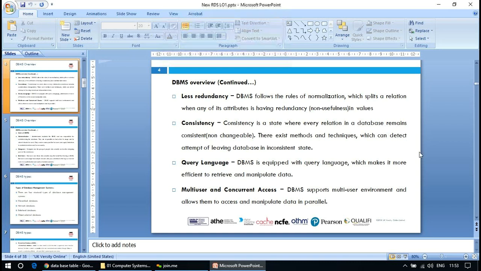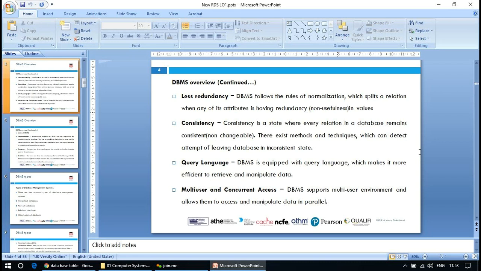Less redundancy: a database management system follows the rules of normalization, which splits a relation when any of its attributes is having redundancy, non-usefulness. What happens when you create the database and you are expecting, let's say, 5 tables in a database?